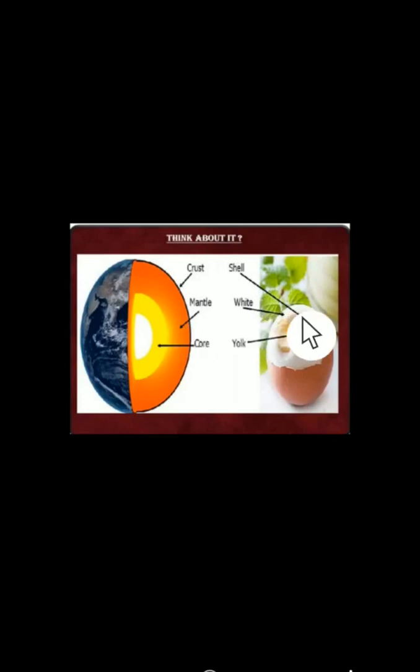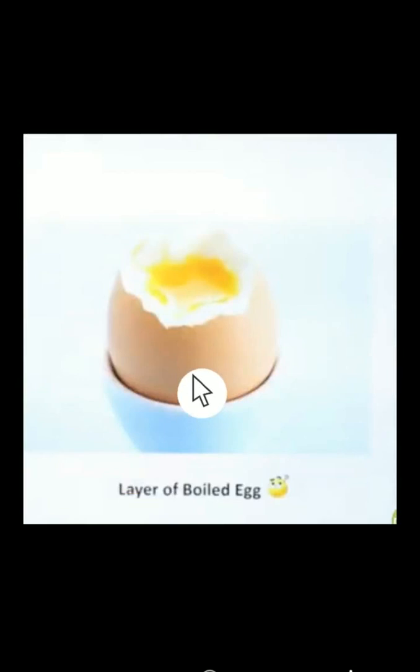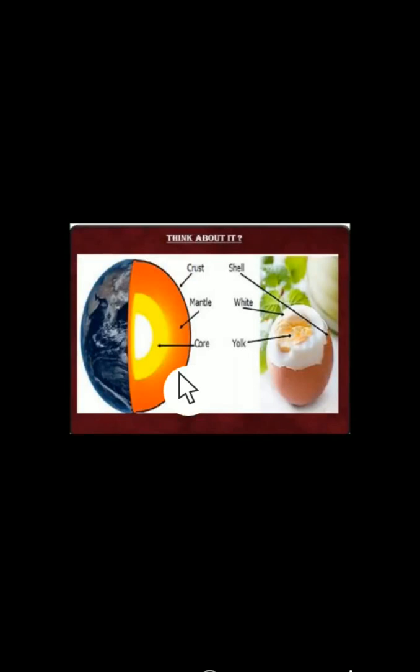In the egg image I showed you, this white layer is called the mantle in respect of the earth. Then we have the innermost yellow layer, the yolk of the egg, which is called the core of the earth. The innermost layer is known as the core. That is why I told you that there is a very important relation between the boiled egg and the earth.